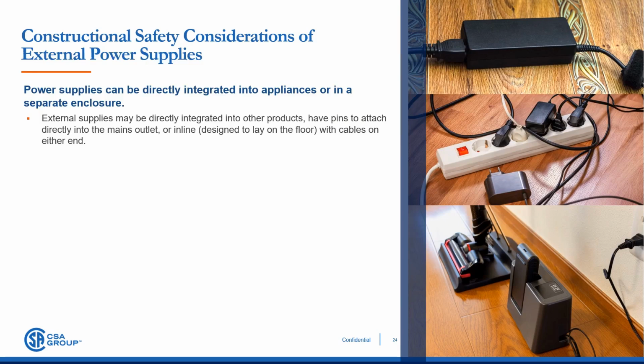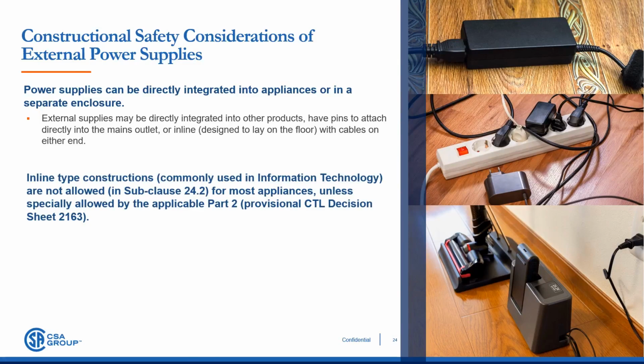For instance, subclause 24.2 in edition 6 of the Part 1 disallows constructions with switches, automatic controls, and power supplies in flexible cords. Consequently, compliance is immediately challenging for inline constructions with cables connected to both sides. Some designs incorporate a connector on the converter enclosure for one end of the cable, raising questions about compliance.